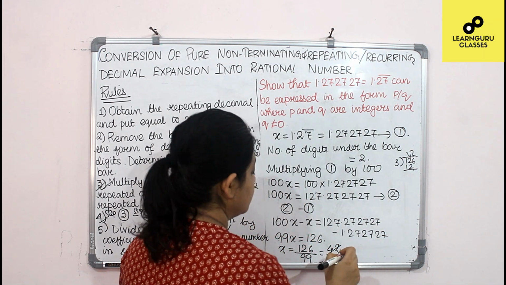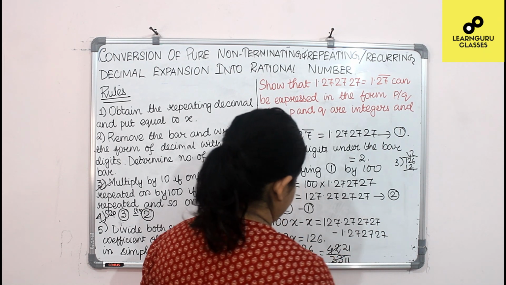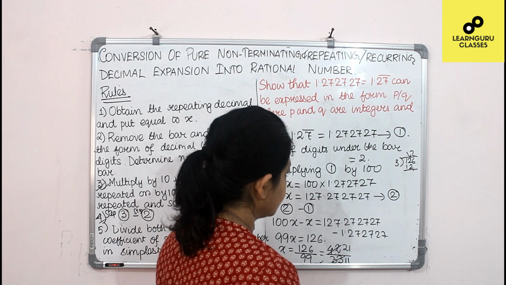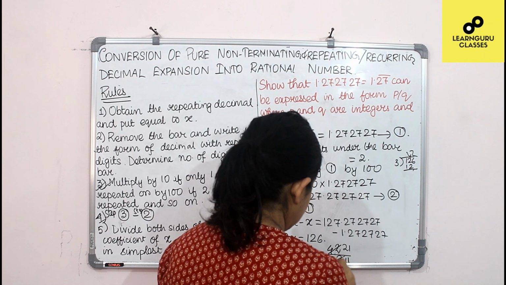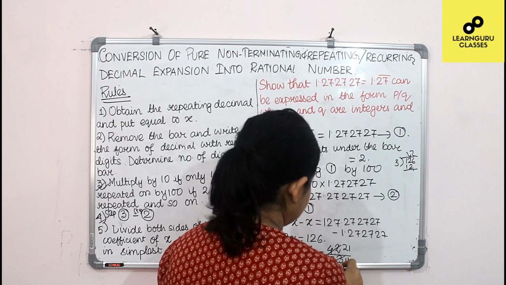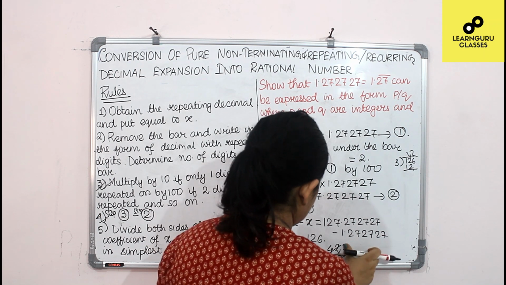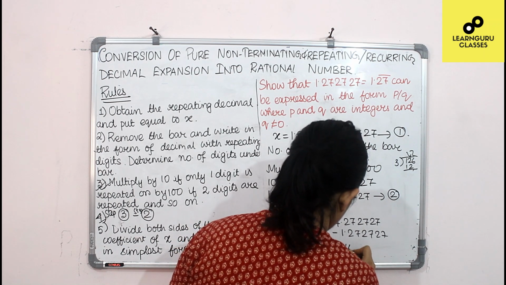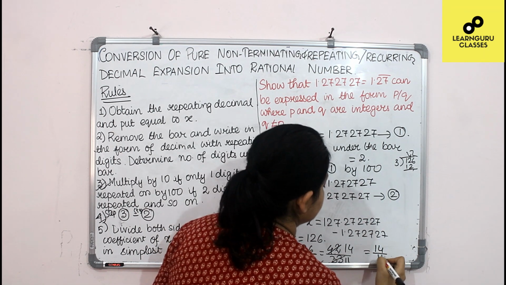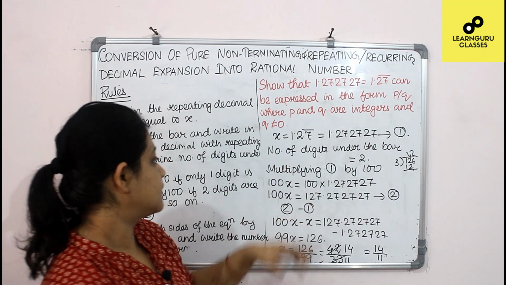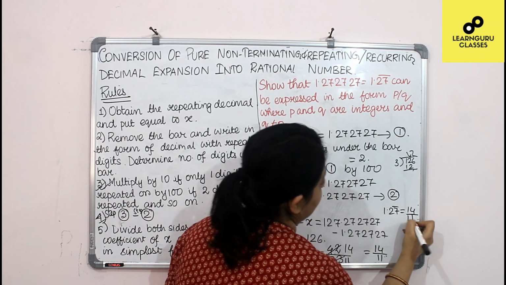Okay, so again you can reduce it to 21 by 11? Am I right? 3 4s are 12, 3 2s are 6, 42 and 33, 3 3s are 99. So then again 21, sorry, this will be 14 by 11. 14 by 11 is the reduced term of this. So 1.27 bar can be written as 14 by 11.